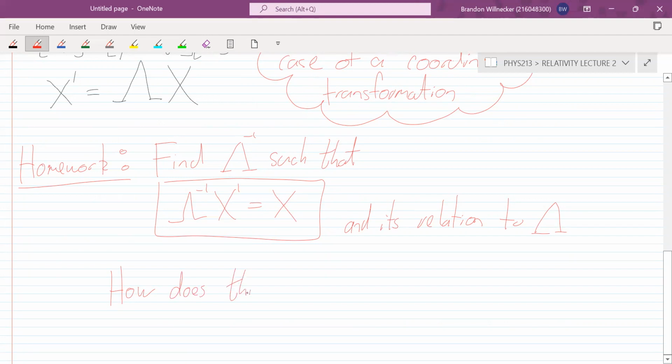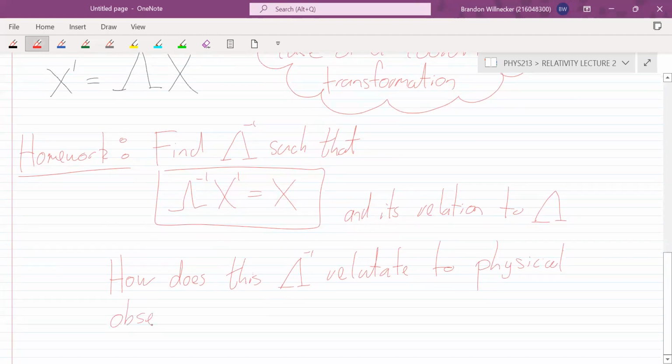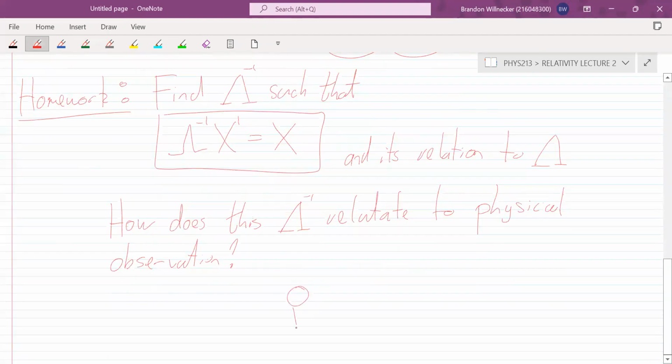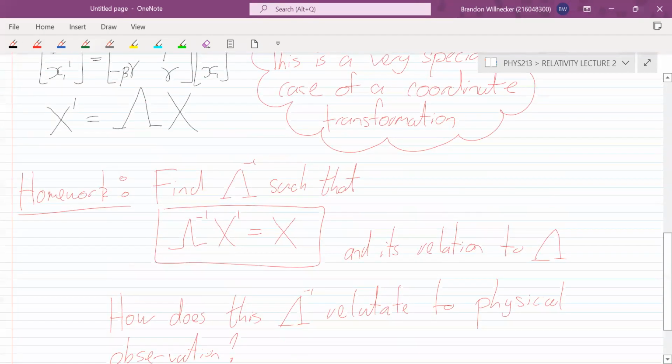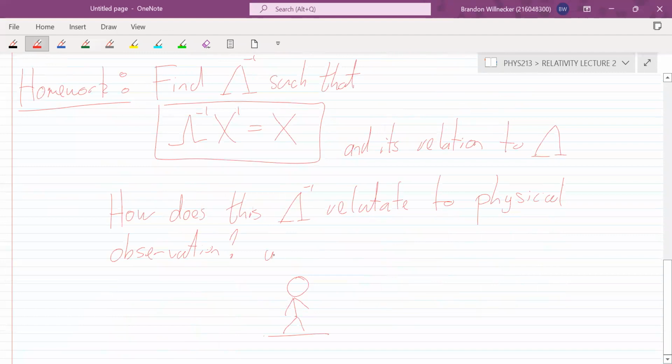How does this lambda inverse relate to, let's call it, physical observation? In other words, if you're standing here and you are in the unprimed system, and I am running away, let's call that primed, with speed v.